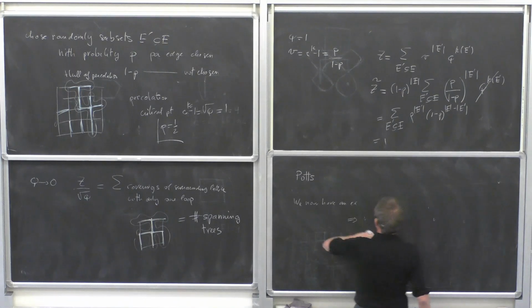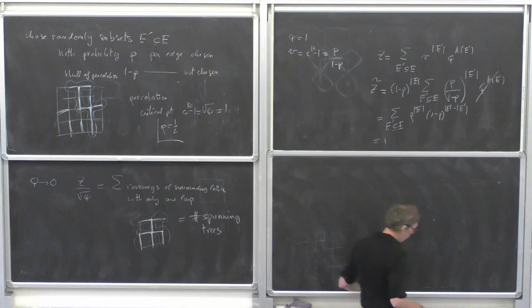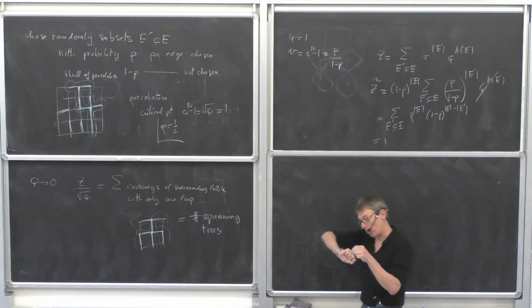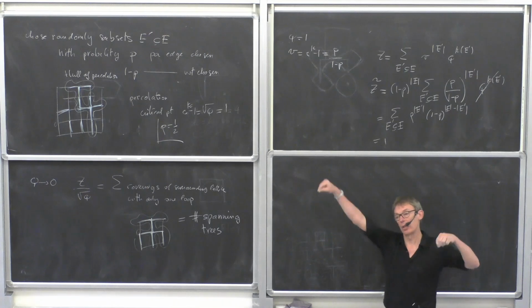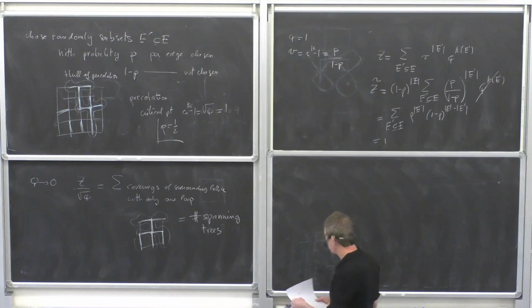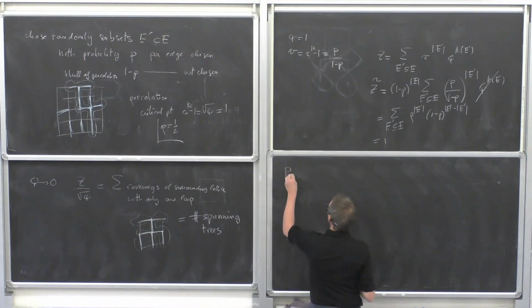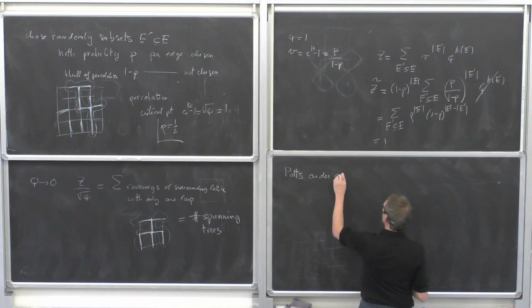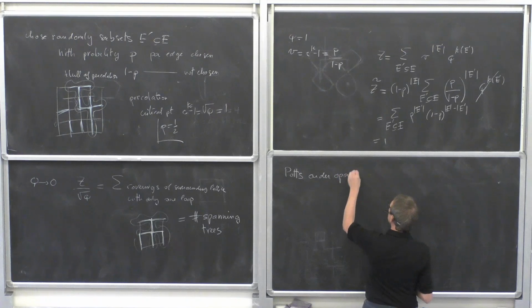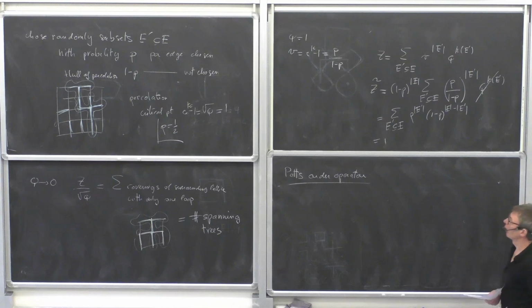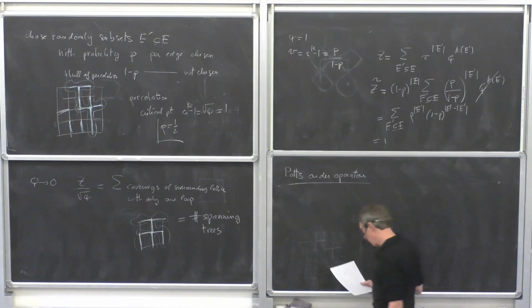Like we expressed, remember, the 2-point function of the Ising spin was the sum over diagrams where there is a line connecting the two spins. We can ask ourselves about the Potts order operator. I just want to quickly go over this, the Potts order operator. So in the Ising model, the order operator was sigma equals plus or minus 1.